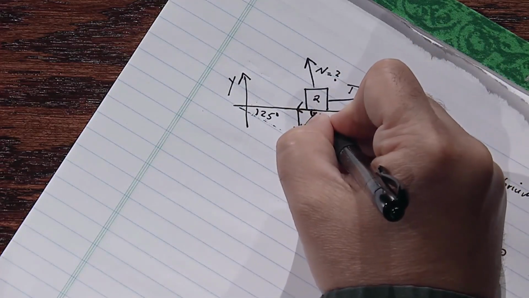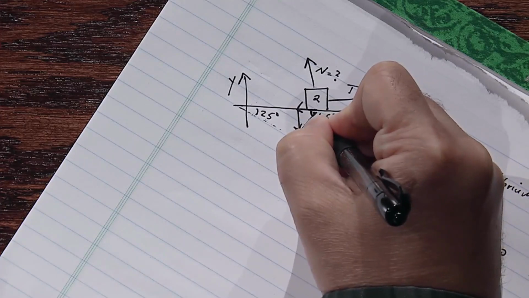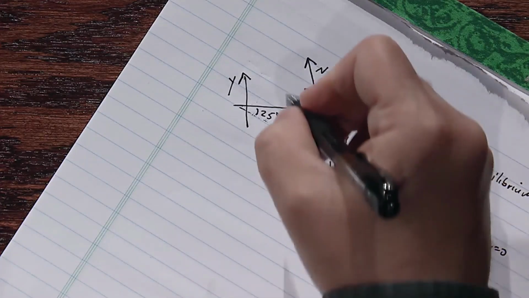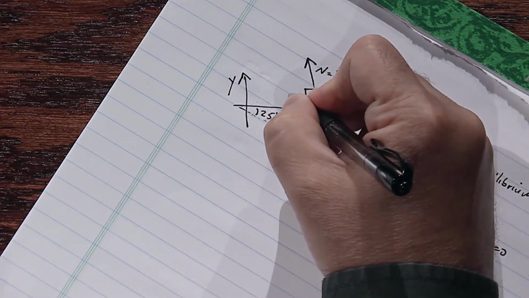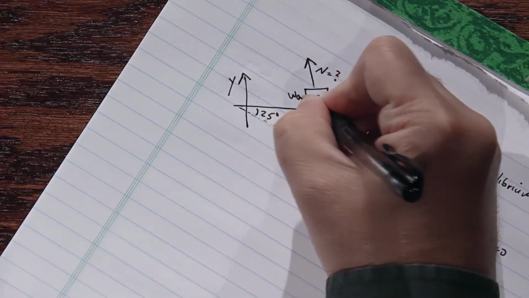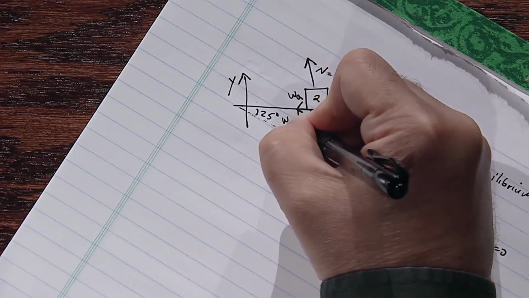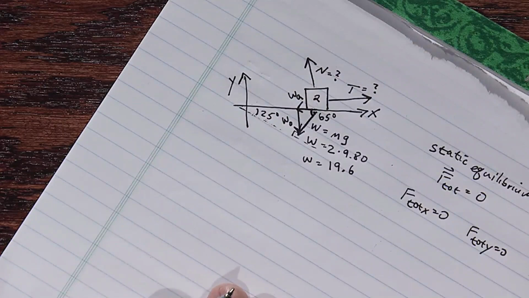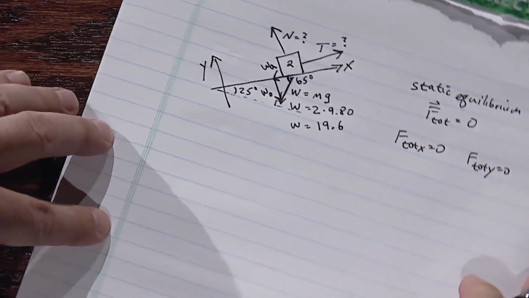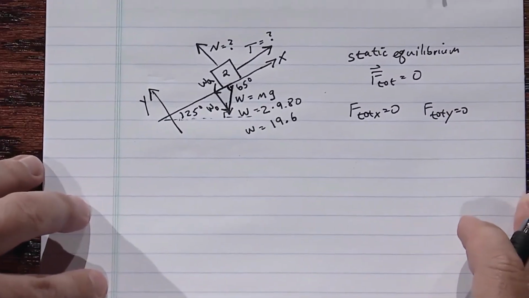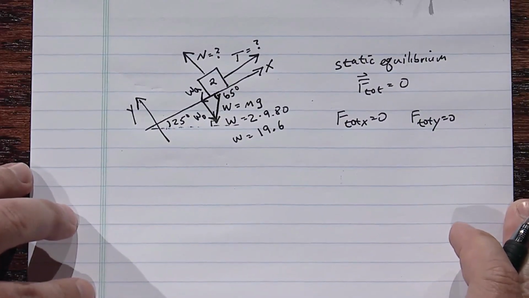And we have this side would be weight adjacent, and this side would be weight opposite. Now that I've done all of that, I can rotate back. And we can work.